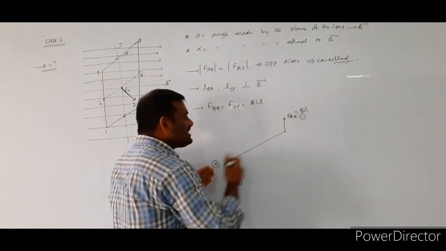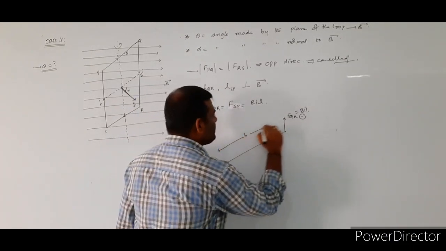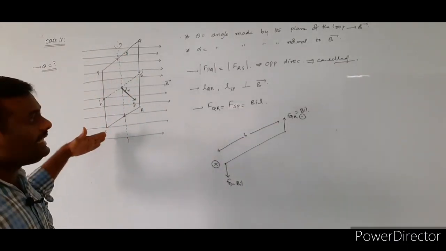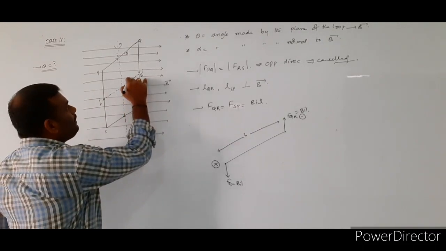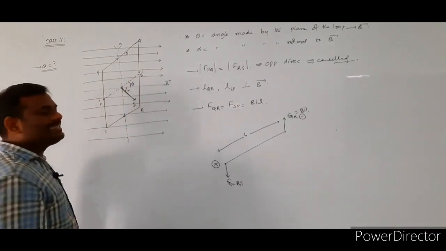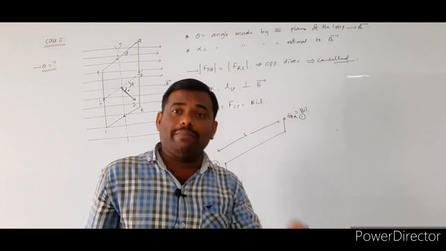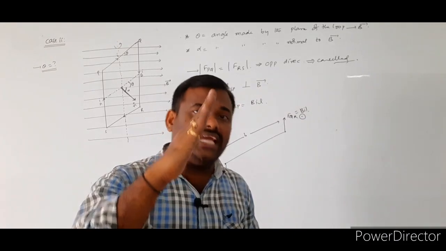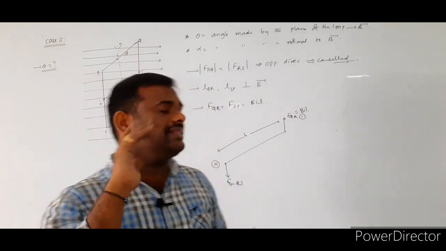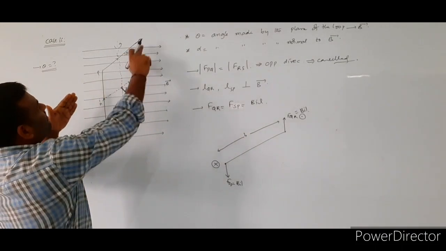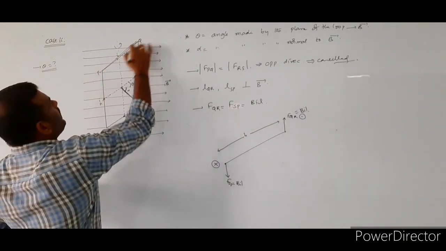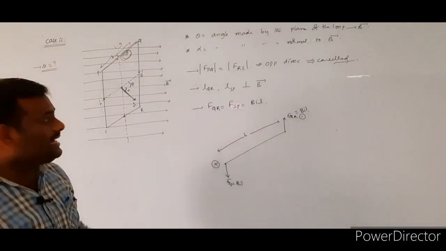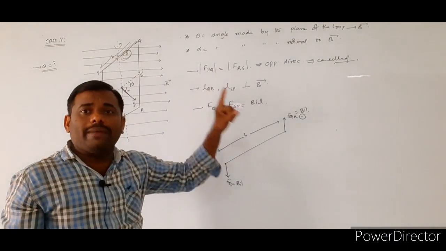So the distance of separation between the sides QR and SP will be making theta angle with respect to the direction of the magnetic field. Once again, because the coil is rotated by an angle theta, the breadth of the coil is also making theta angle with respect to the direction of the magnetic field.